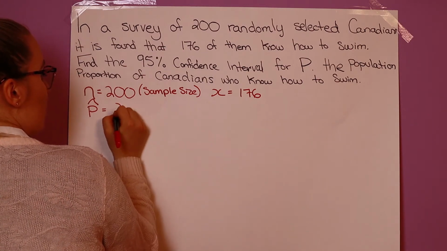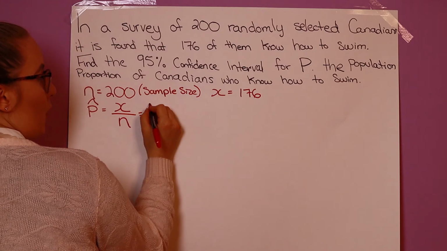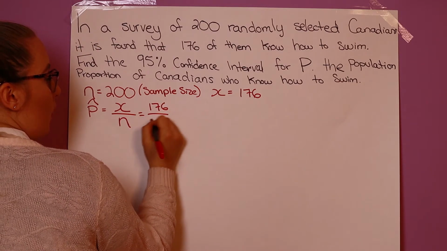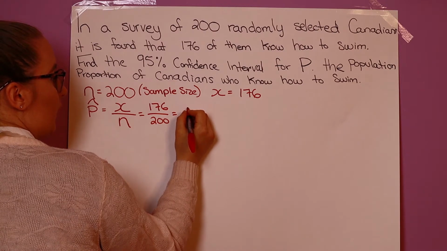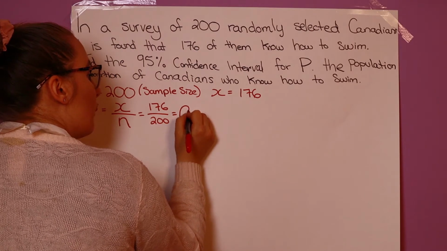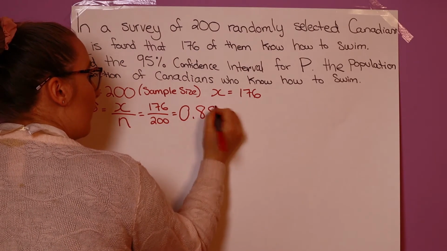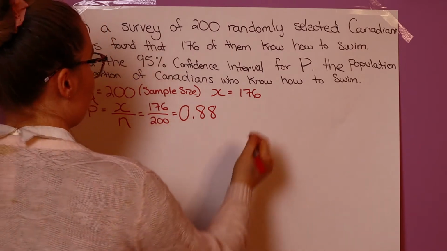That's when we do X over N, which equals 176 over 200, which is going to equal 0.88. I just had to double check to make sure that that's what it was.